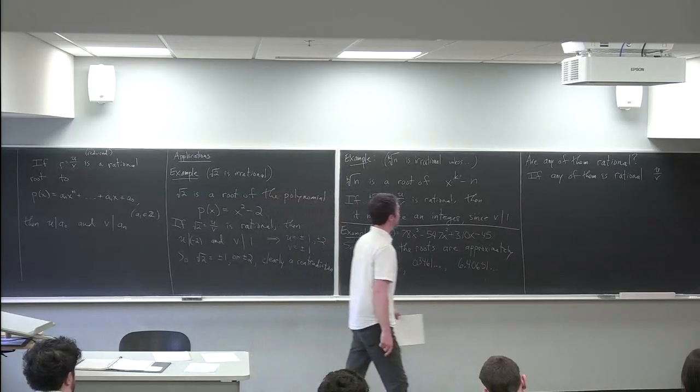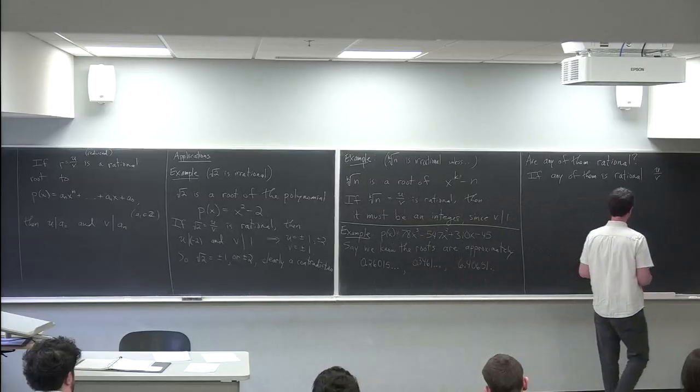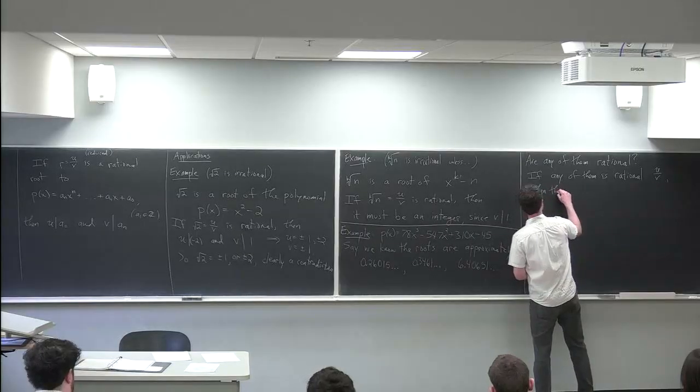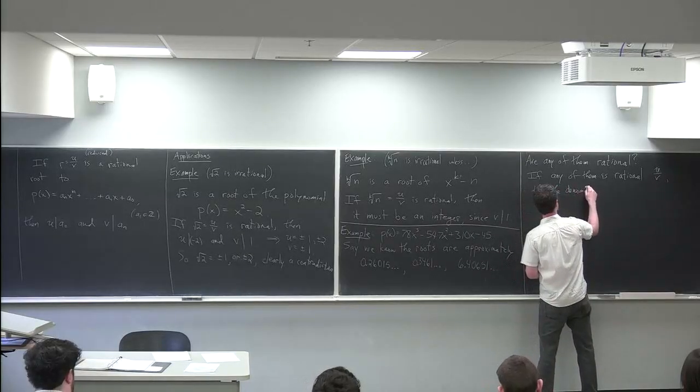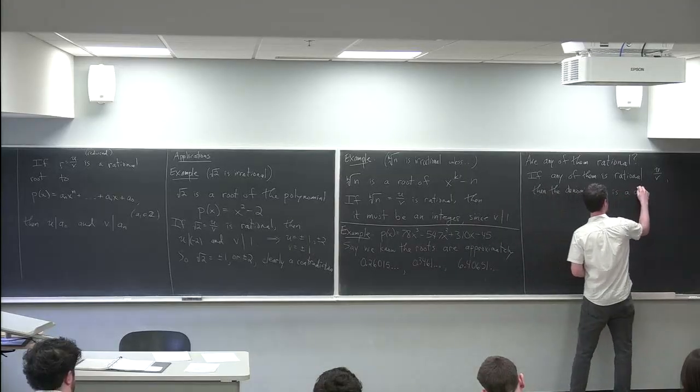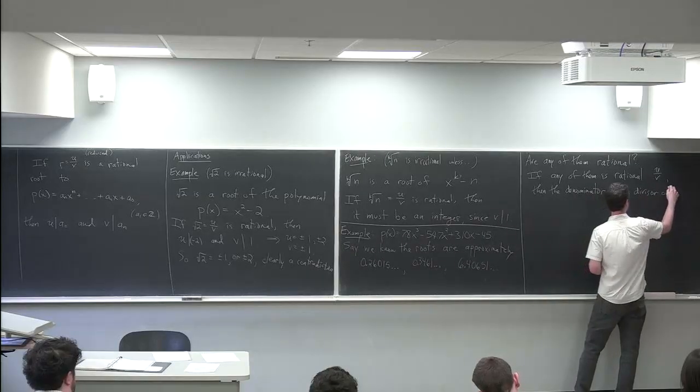So if any of them is rational, of this form, then the denominator v is going to be a divisor of the number 78.